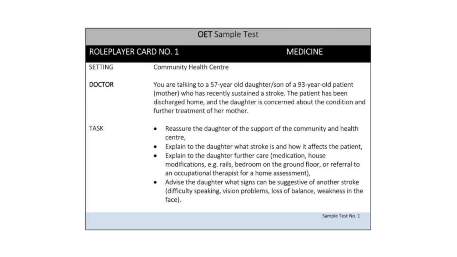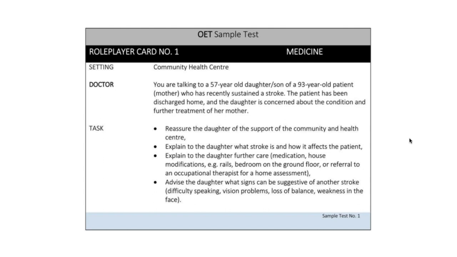Today we're going to be taking a look at the role play from the OET medicine. Now, with this first sample, what we have to be careful about when we are studying or preparing for the OET is the background, like who are we talking to and why are we talking to this person.